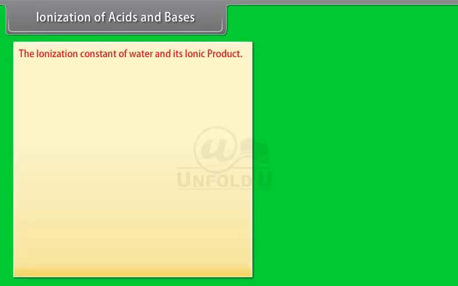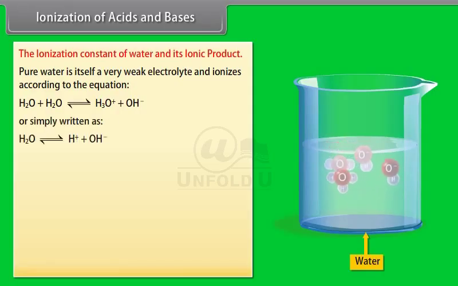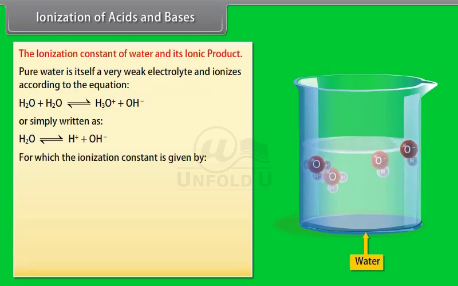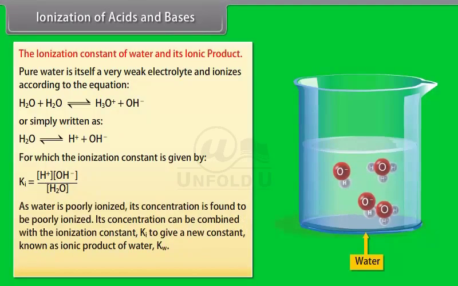The ionization constant of water and its ionic product. Pure water itself is very weak electrolyte and ionizes according to the equation, or simply written as, for which the ionization constant is given by Ki is equal to concentration of H+ times concentration of OH- divided by concentration of H2O. As water is poorly ionized, its concentration can be considered constant.